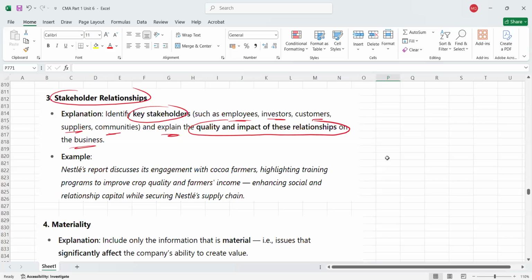For example, Nestle's report discusses its engagement with cocoa farmers, highlighting training programs to improve crop quality. Definitely if they are providing some training to increase the quality of the crop to the farmers, it will enhance the social and relationship capital also while securing Nestle's supply chain.